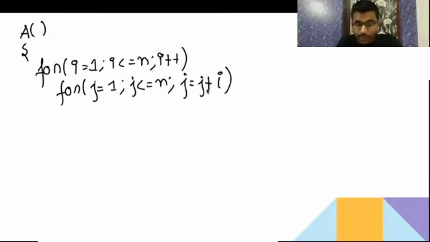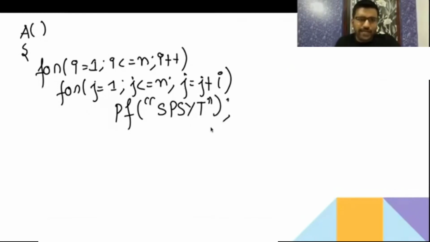See, it's very important. Here I am doing j plus i, not plus 1. With the value of i, it is increasing. So here there is a dependency. So you have to do unrolling. Here unrolling is required. First you try, then I will give the answer. First you people try. What is going to be the answer?